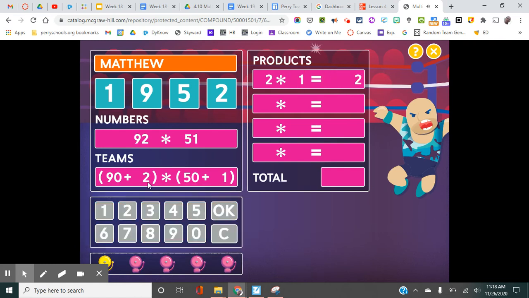Then 2 times 50, right? 2 gets to go twice. Then it has to tag out. It has to get a tag so it can take a break. 2 times 50 is 100. You can see the value of knowing all your facts. 2 is tired, tags out. And now 90. 90 does the same thing. 90 times 1 and 90 times 50. 90 times 1 equals 90.